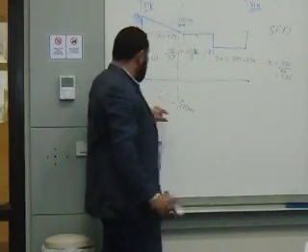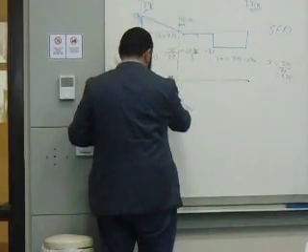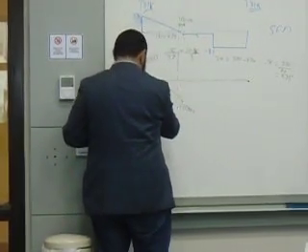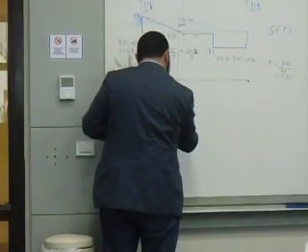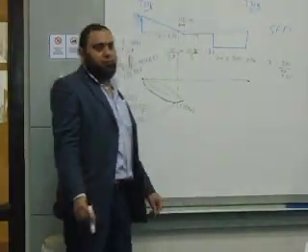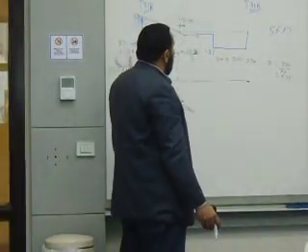So it will look like this. We erase this. So it's this one, and this value is the value we're talking about. Okay? Fine. So what else do we need?